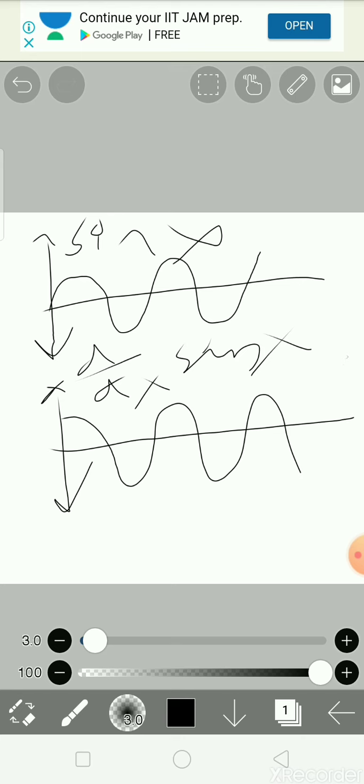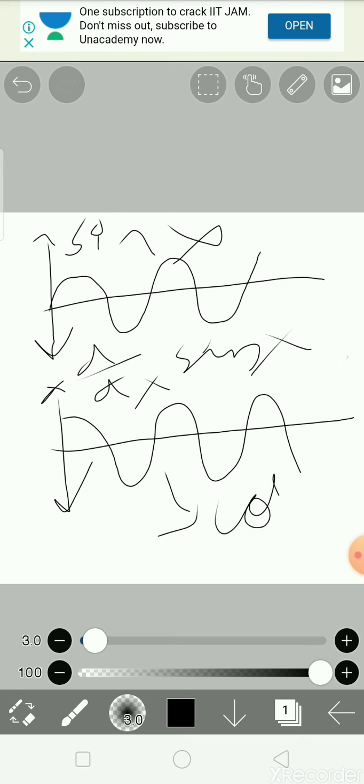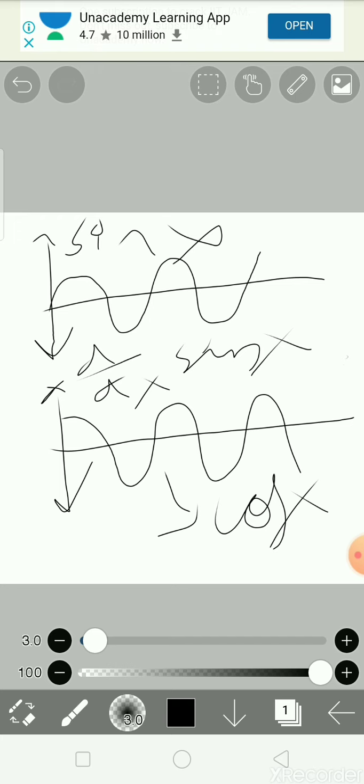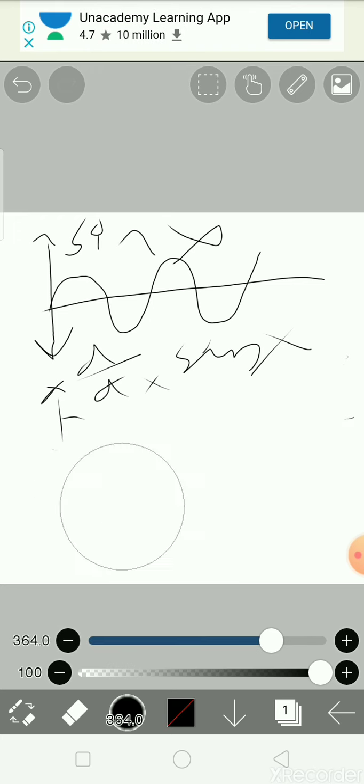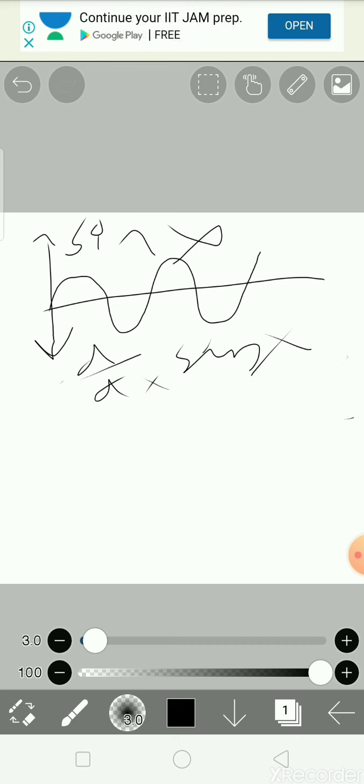This is familiar, it is the function cos x. So from this we can say the derivative of sine x equals cos x.